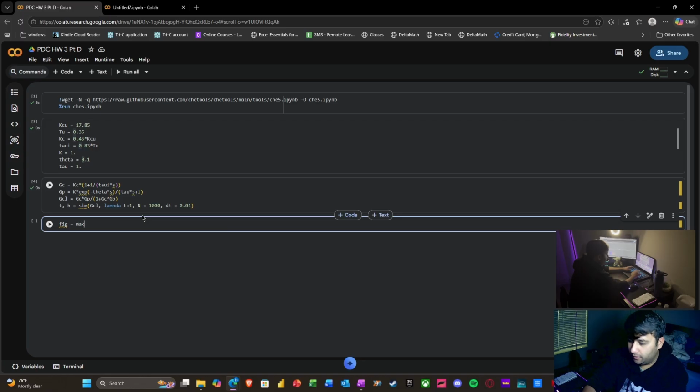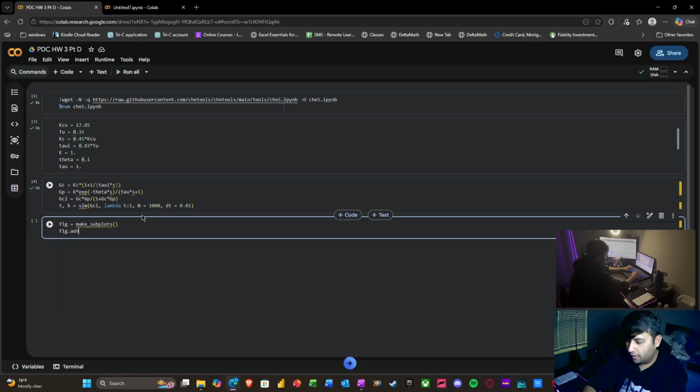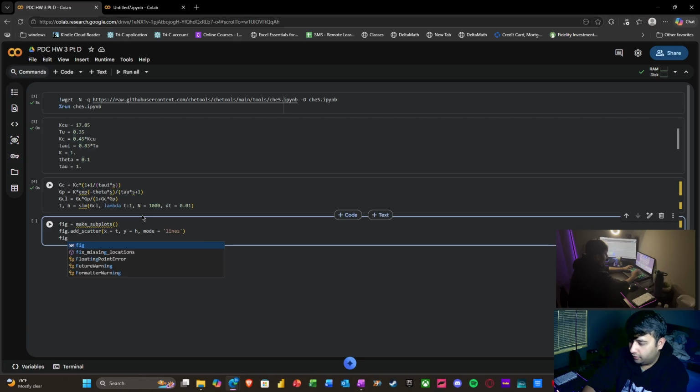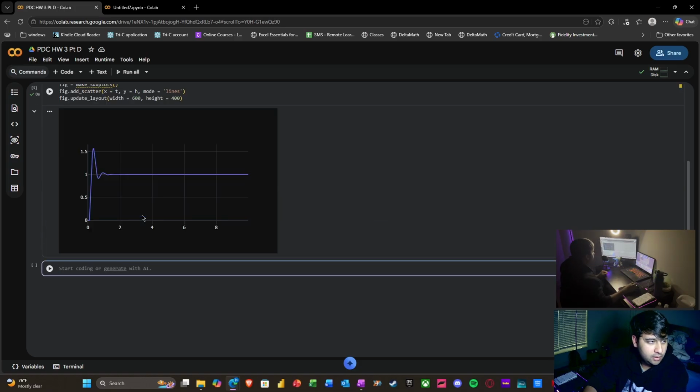Then we're going to make our subplots with add_scatter, x is t, y is h, and mode lines. Then we add a little fig.update_layout, height is 400, and there we go.